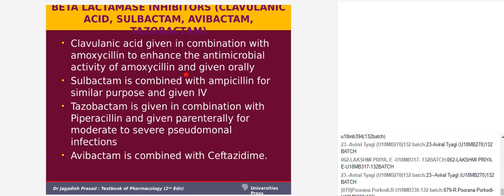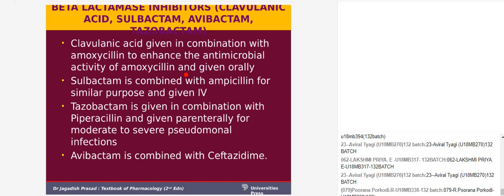Clavulanic acid is isolated from Streptomyces clavuligerus, and it competitively and irreversibly inhibits beta-lactamase, and is effective against a wide range of gram-positive and gram-negative bacteria. After binding to the enzyme, clavulanic acid itself gets inactivated.